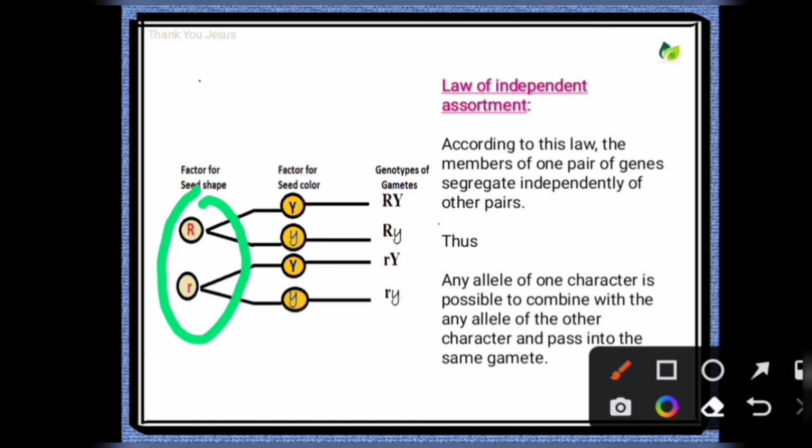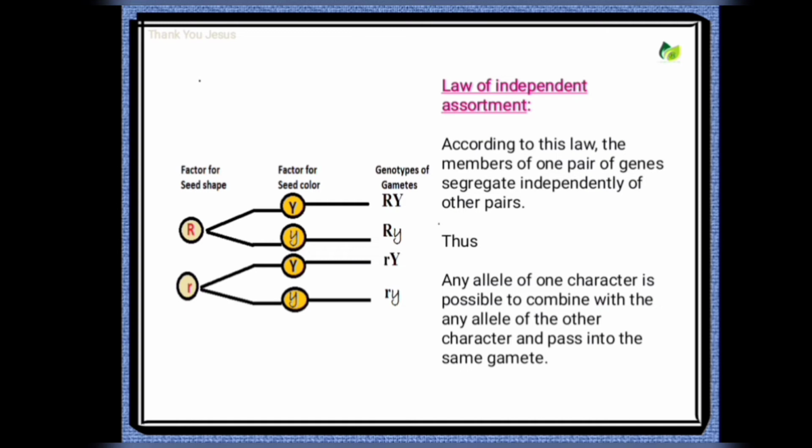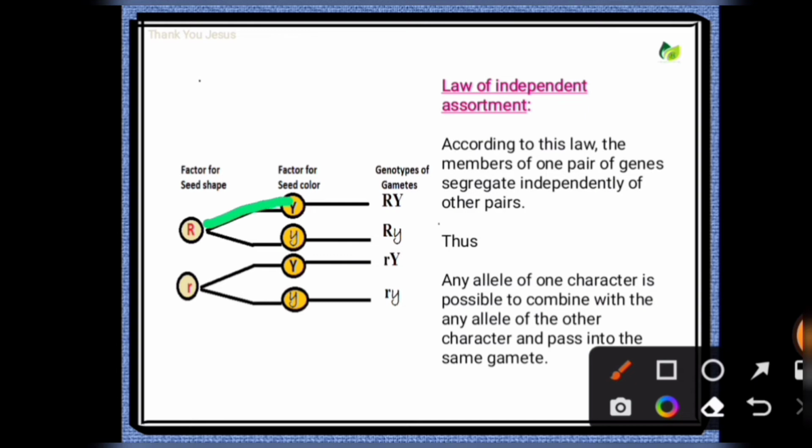They are able to fuse with the other allele of the other character in any combination. They may be combined with capital V, capital Y, small y.